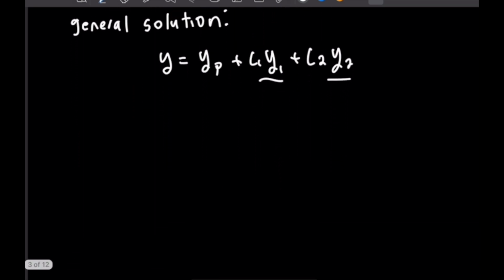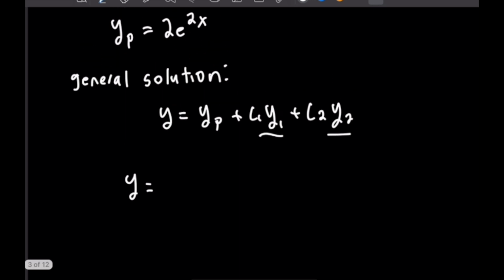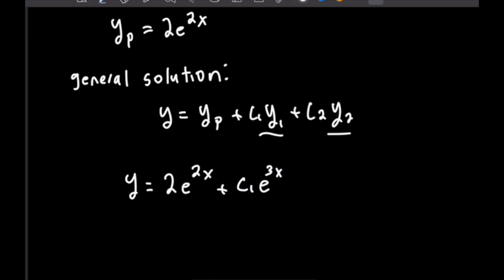So that would give us the final general solution as y is equal to, well, let's see what our solution to y sub p was. It is 2e to the 2x plus c1 times, if you remember, our roots are 3 and 4, so we'll have c1 times e to the 3x plus c2 times e to the 4x, and that will be our final general solution for this differential equation.